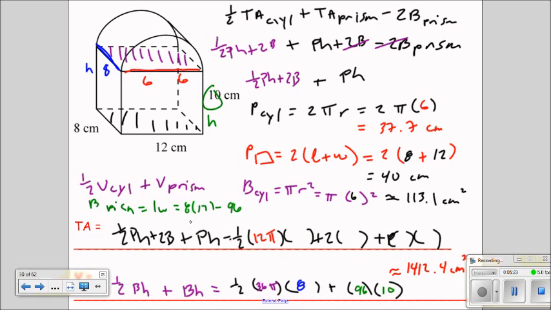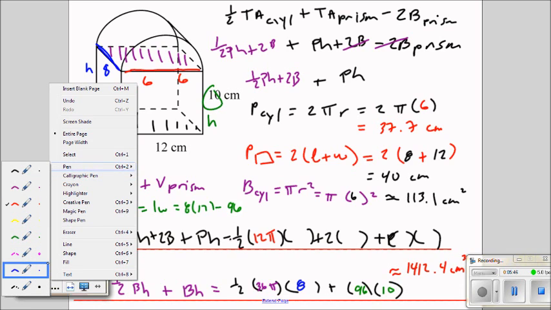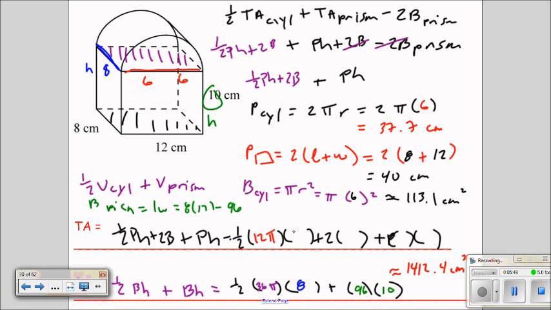I'll wait till the very end to round. And then the height of my cylinder is represented by the side of the prism, the 8, because as you can see, there's a distance of 8 between the two circular bases. So that means 8 is the height for my cylinder.